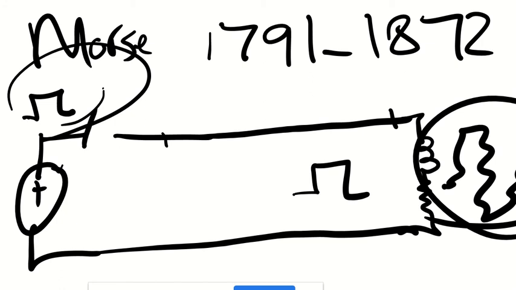Why? Well, in reality, when you look at a transmission line, you might think you have your signal going through. But as you may remember from circuit analysis, there is linear lumped element circuit theory.